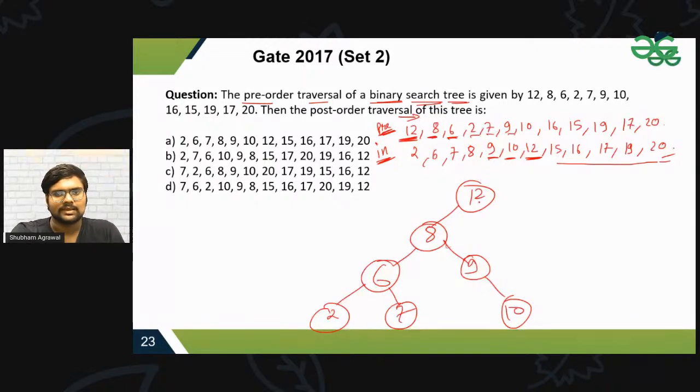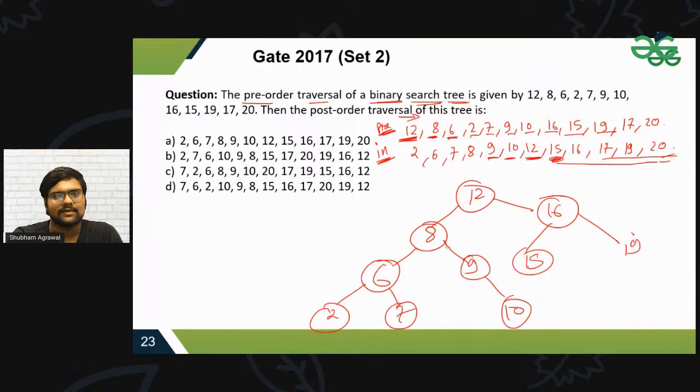After 10 it is 16, so 16 will be our right node, and in the left of it is 15, so 15 will be present here, and 17, 19, 20 are in the right. Since after 15 it is 19, 19 will be here, and 19's left is 17 and right is 20, so it will be 17 and 20.